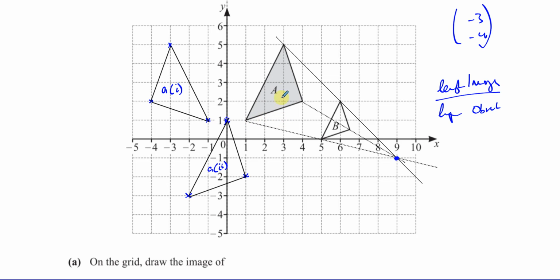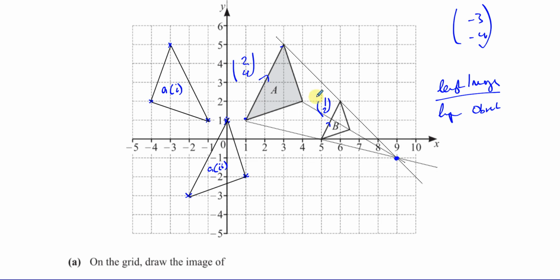That's going to be 2 and then 4. So if I go from this point to this point, this vector is 2, 4. Right? 1, 2, 3, 4. And the corresponding line on this shape, the vector from there to there, is 1, 2.